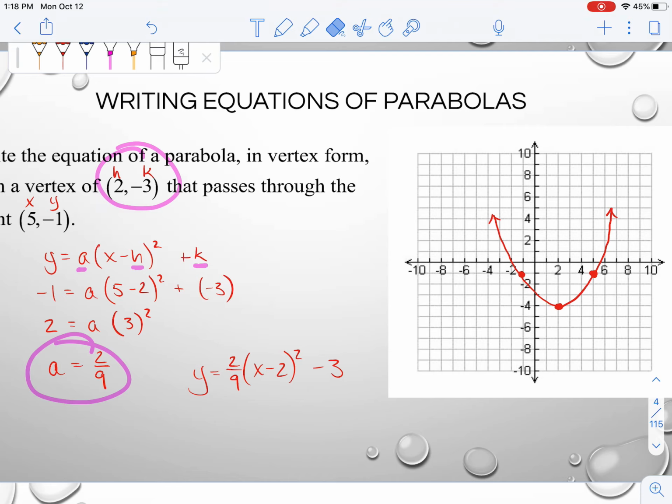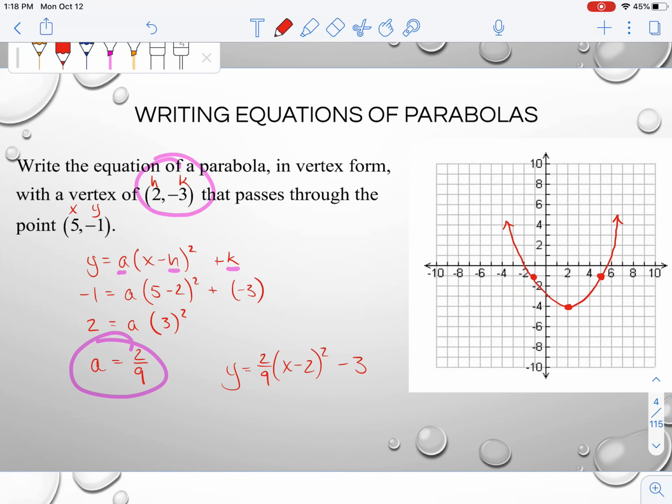And for this purpose, that's a good enough sketch. It gives me the points that I absolutely knew. We could go through and plot a couple more, but for the purpose of what we're doing here, that graph is good enough. The main thing was we wanted to find this actual equation.